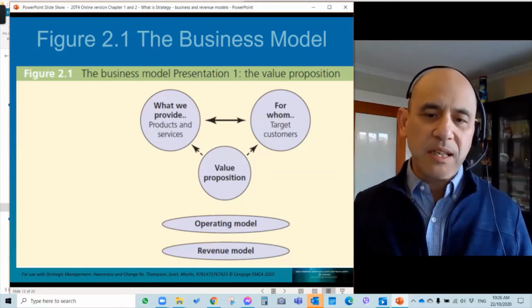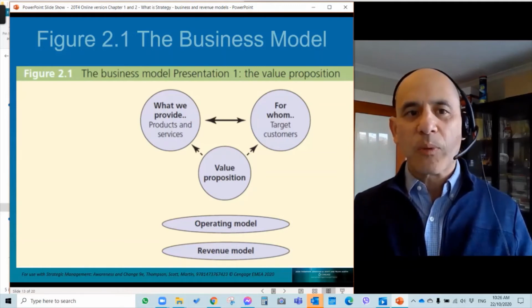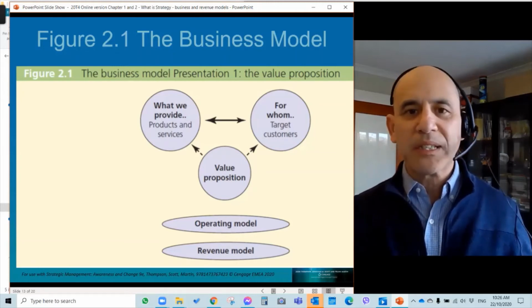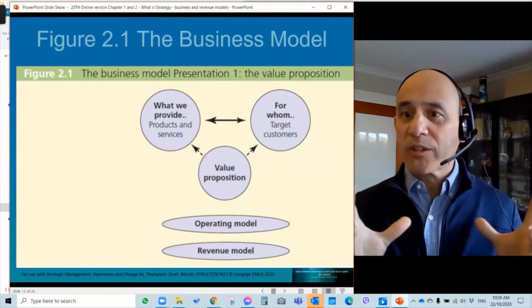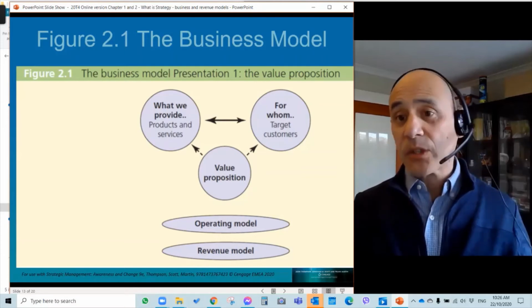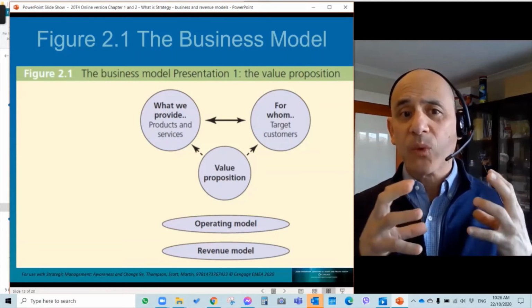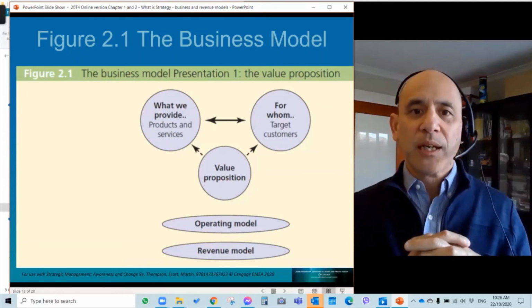A service could be things like providing security, or providing cleaning services to companies, or consultancies, or like a school. A school is actually selling a service, right? So that's what we mean by a product. It can be tangible or intangible.